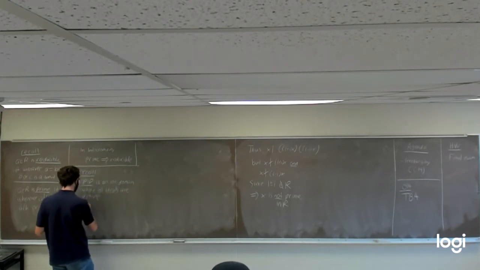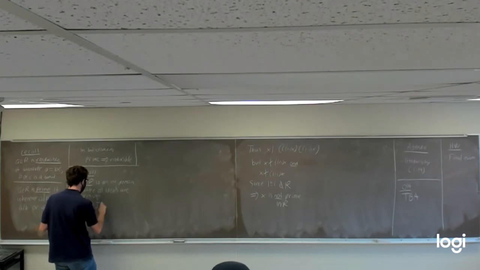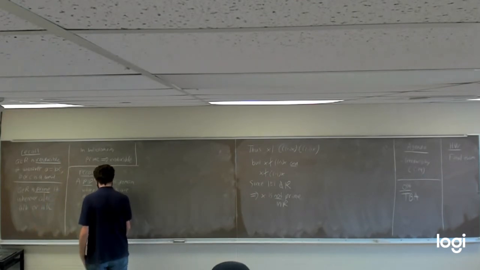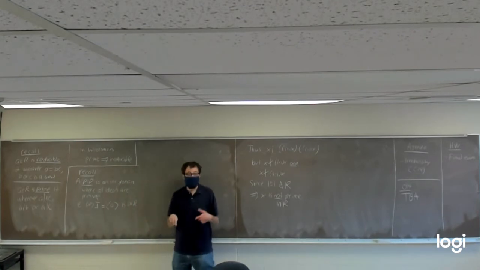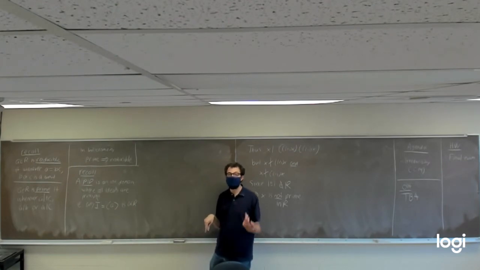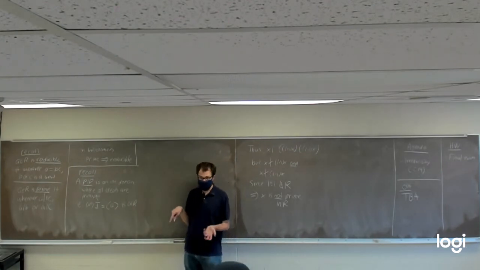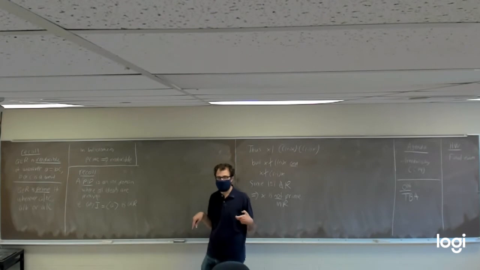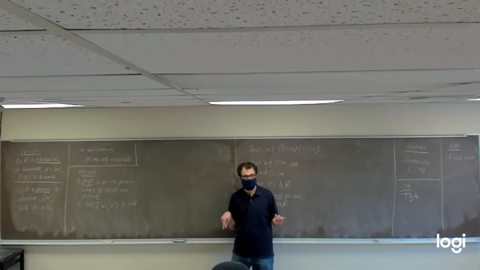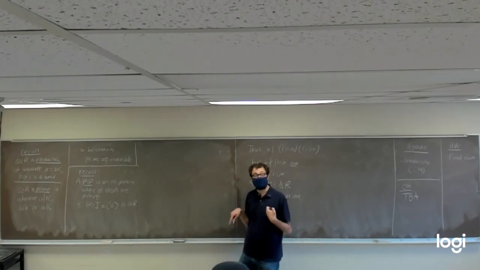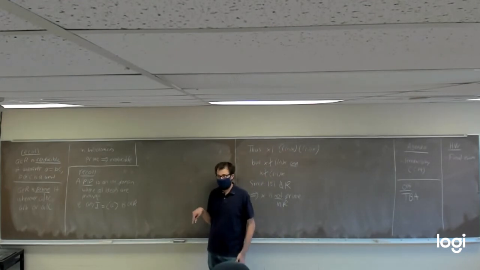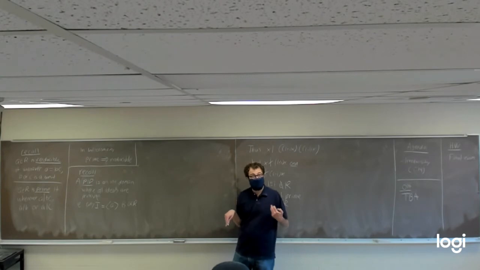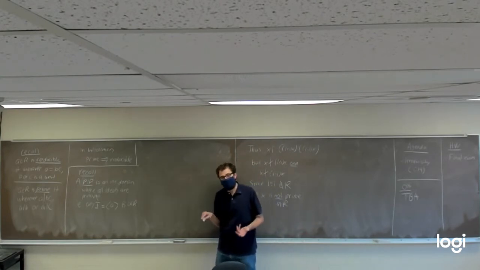In other words, any ideal I must be equal to the ideal generated by some A, for some A in our ring. And it turns out that while in an arbitrary integral domain, you can have things that are irreducible but not prime, in a PID, all irreducible elements are prime, and so irreducible if and only if prime.